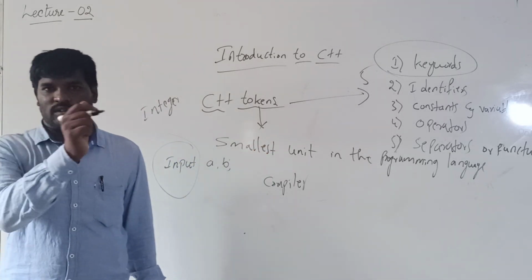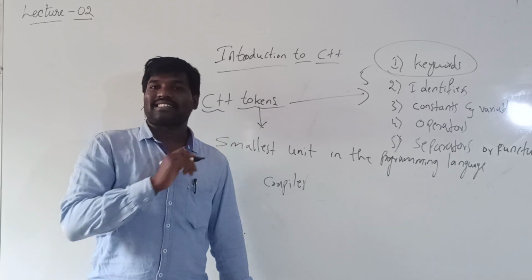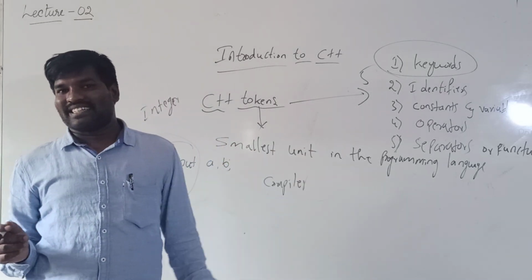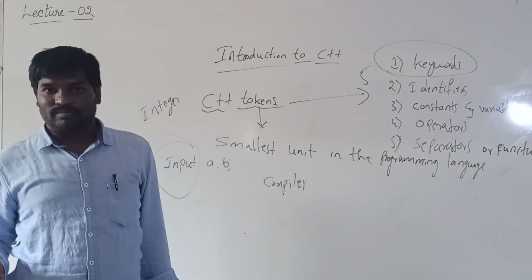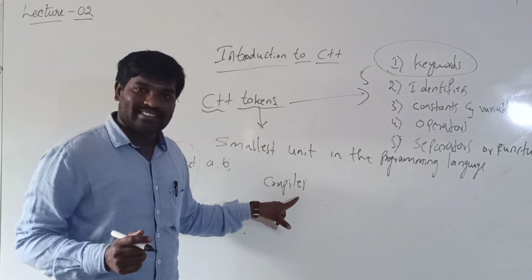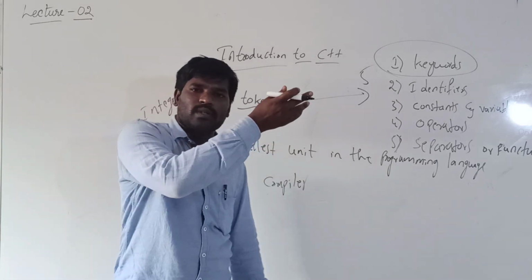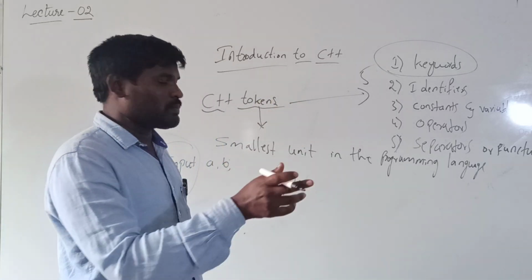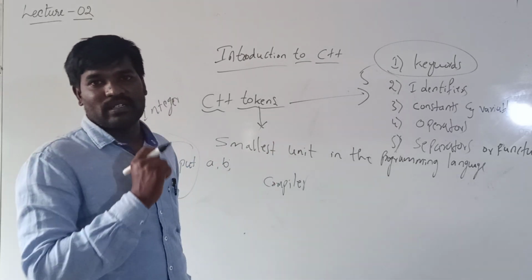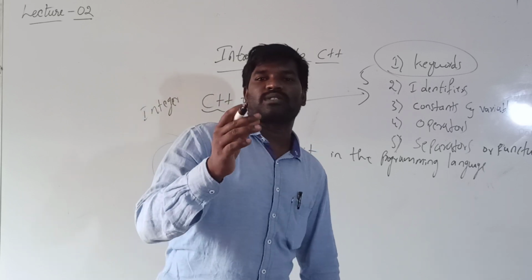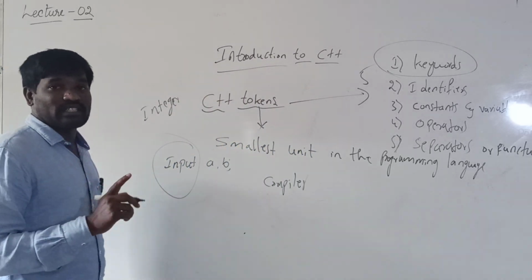In the software concept, we already studied translators. The compiler is one type of translator which translates the user-written program into machine level language. Machine level language indicates zeros and ones, because the computer knows only one language, that is zeros and ones.